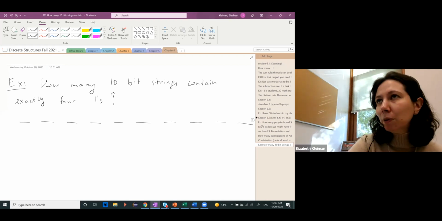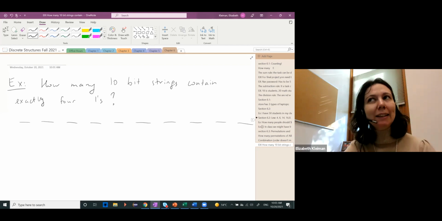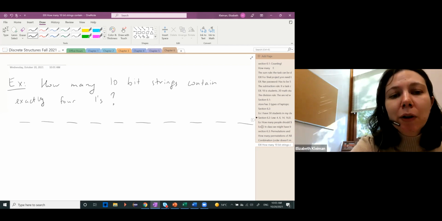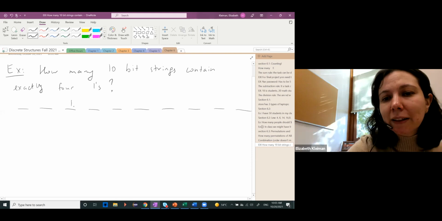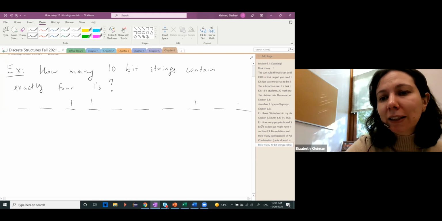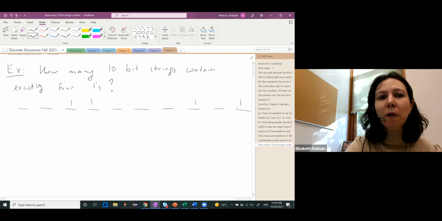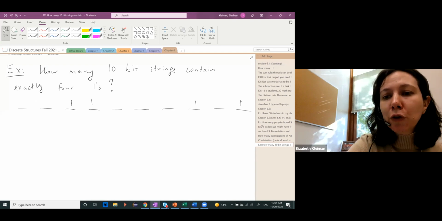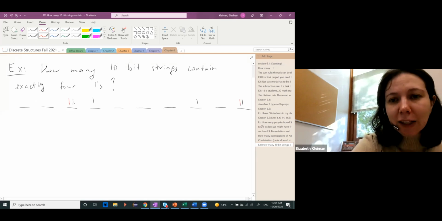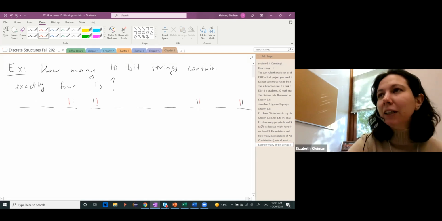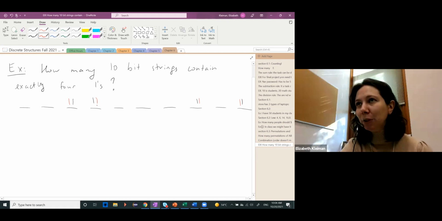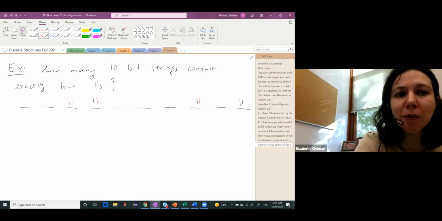Now, it's also important to remember that in this case, it doesn't matter if I put the first one here, then one here, then one here, and then one here, or if I first put one here, then one here, then one here, then one here, correct? The order in which I put them in there is not really important.